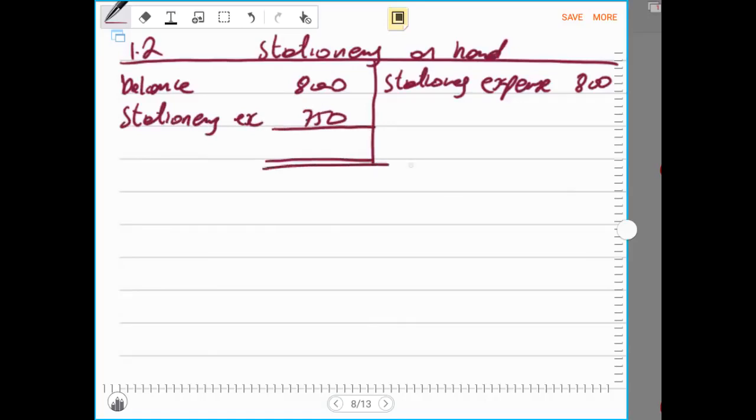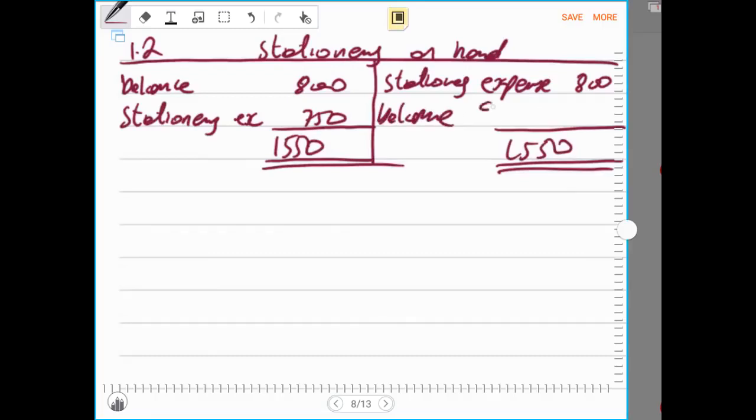And from here now we can balance this ledger account. Then the bigger side will be 1,550. Balance carried down will be 750, and balance brought down will be 750.